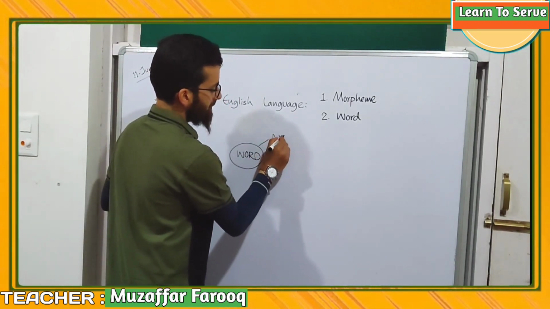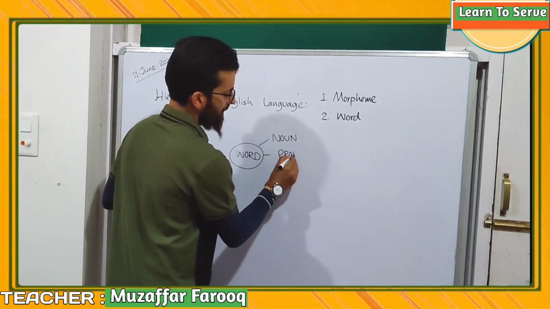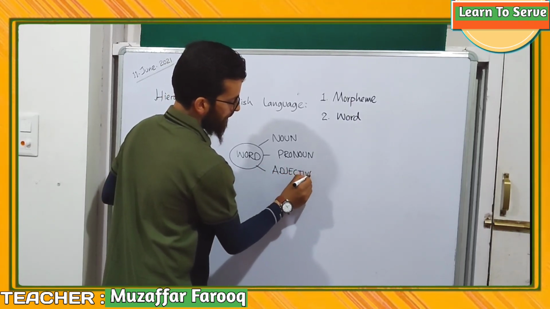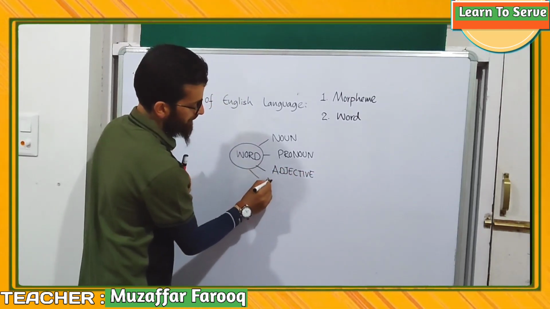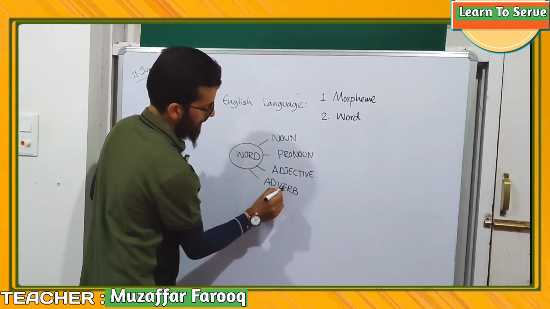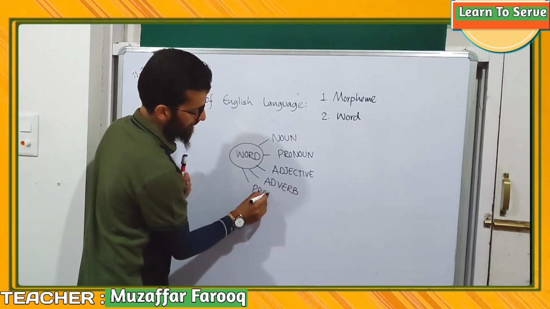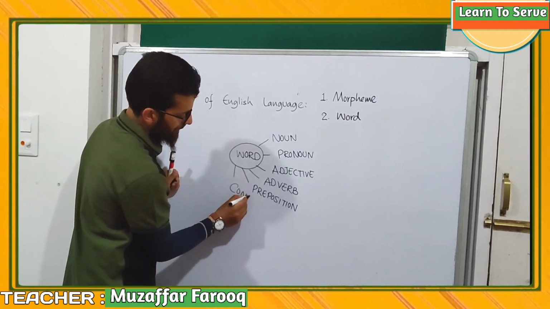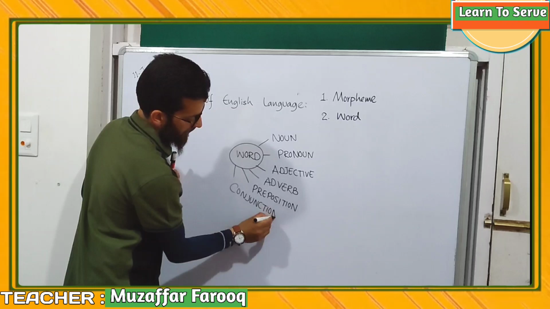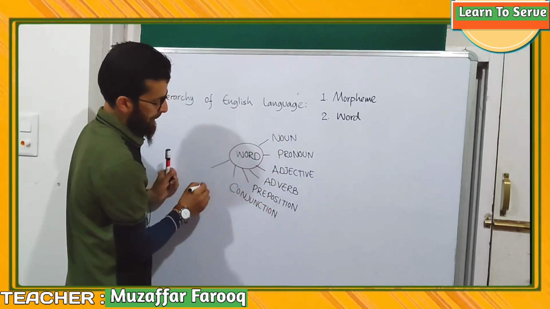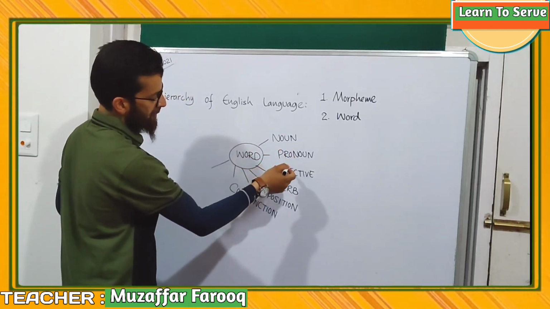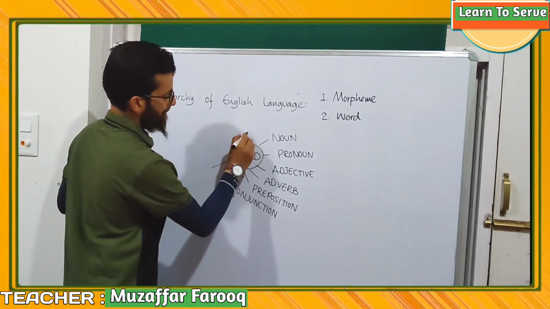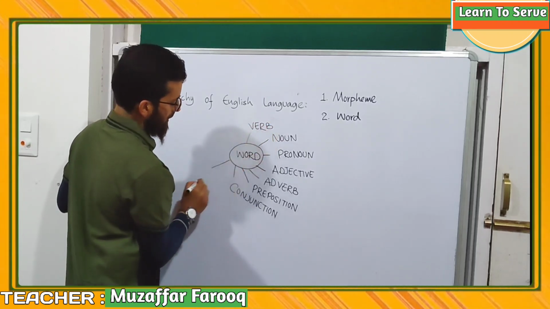We have noun, we have pronoun, and we have adjective, and we have adverb, and we have preposition, and then we have conjunction, and we have also verb, and we have interjection.